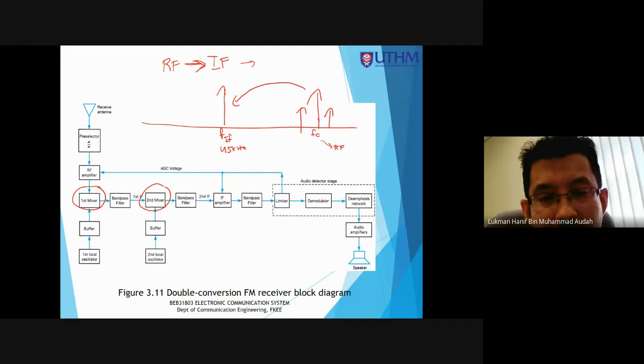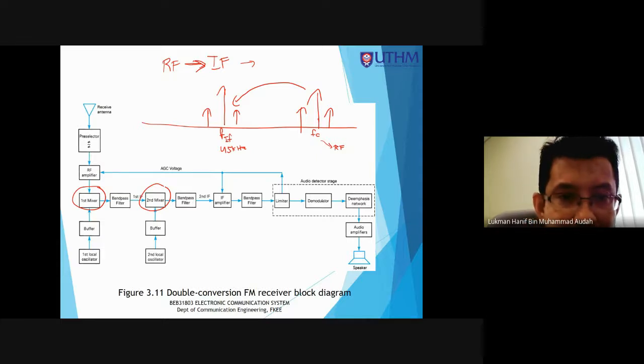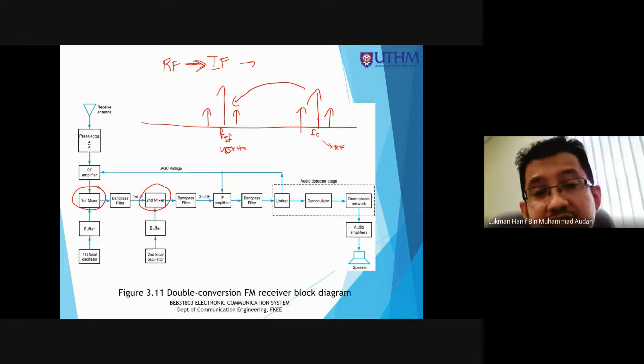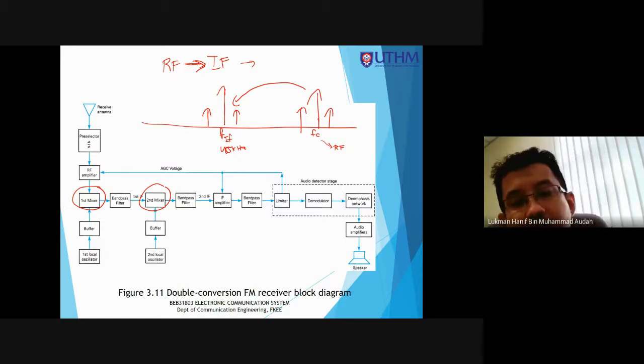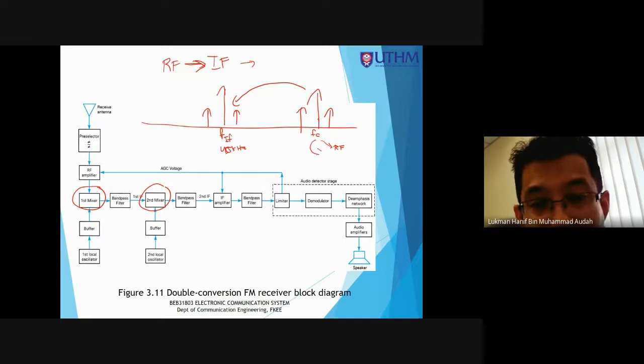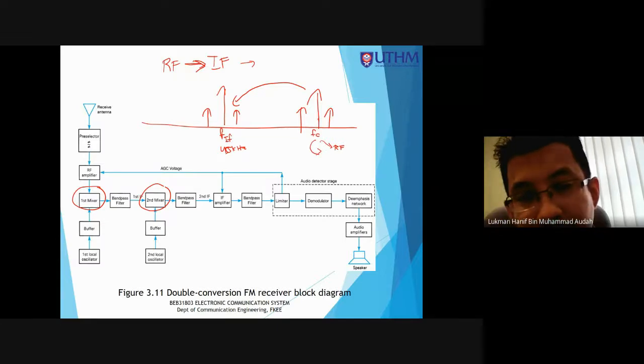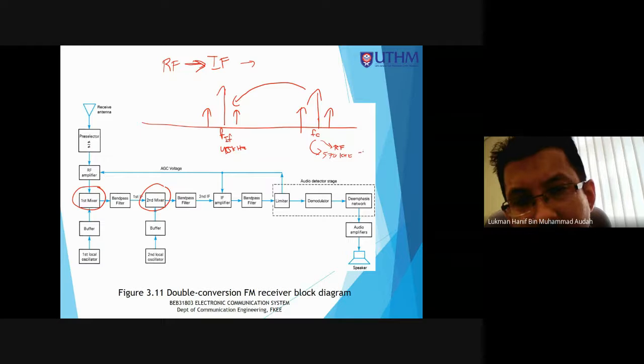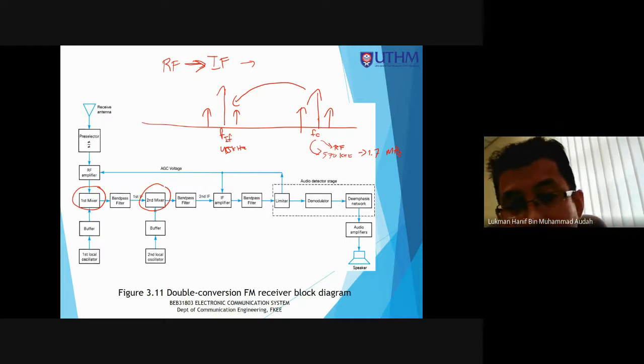Okay, so ini ada dia punya sideband. Sama juga di sini akan ada sideband. Okay, this is 455. Center pada 455. So dalam AM, carrier frequency dia dalam range kilohertz, lebih kurang 570 kHz sehingga 1.7 mega, range of frequencies for AM.